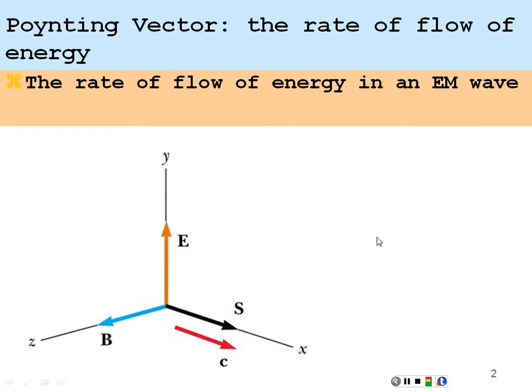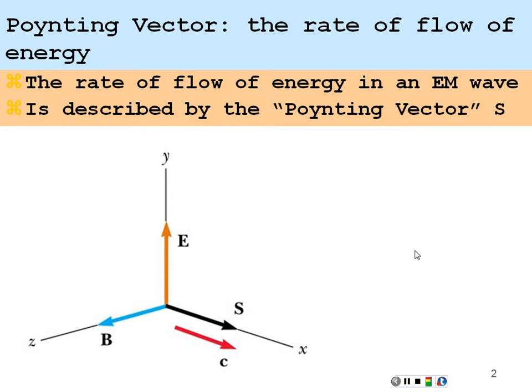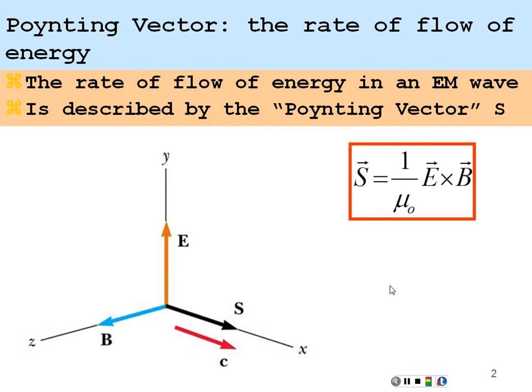The rate of flow of energy in an electromagnetic wave is described by the Poynting vector. As a vector itself, it's equal to 1 over mu naught, the electric field crossed with the magnetic field. If we did that cross product, looking at this diagram here, if you point in the direction of the first vector, the electric field, close your right hand in the direction of the second vector, the magnetic field, you have the resultant vector, the Poynting vector.